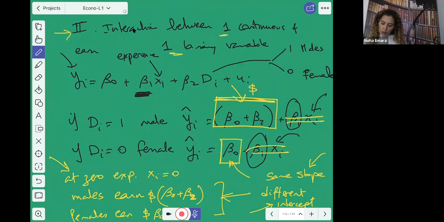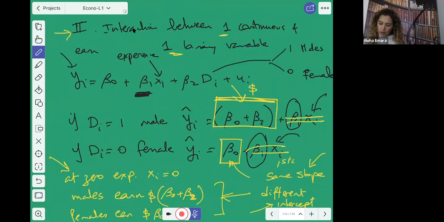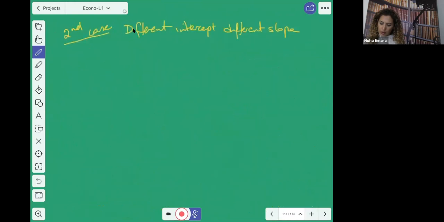We discussed the first case, which is same slope, different intercept. This is the first case. And this is our second case in which we have different intercept, different slope. And I actually prefer this model because in many applications, it's more realistic.